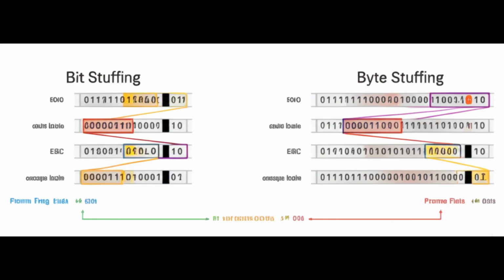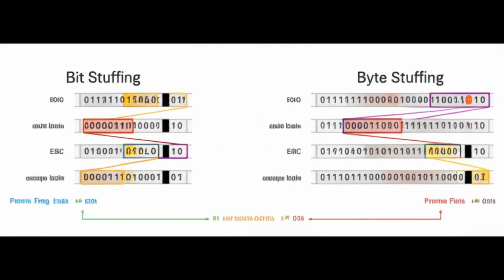Easy decoding: the technique is straightforward for receivers to implement, as they simply need to look for the stuffed bits and remove them during data processing.